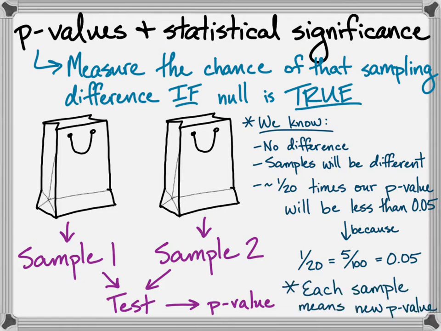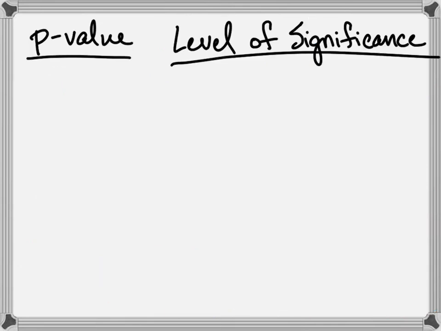Every time we repeat the sampling process, we'll get a different p-value. The smaller the p-value, the more extreme the level of significance.